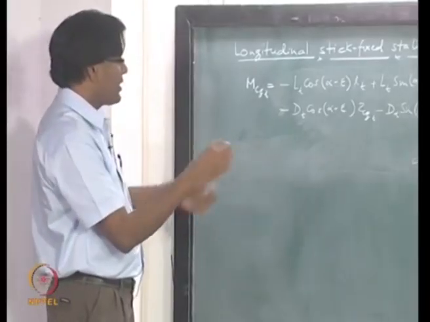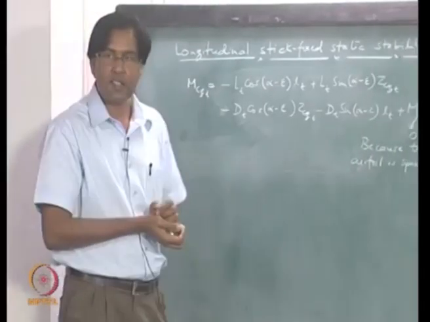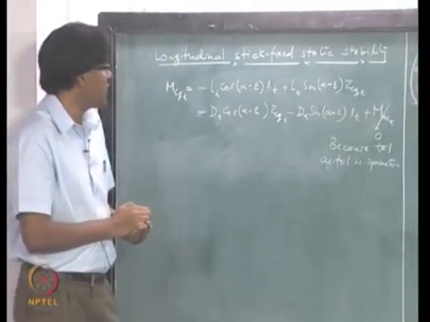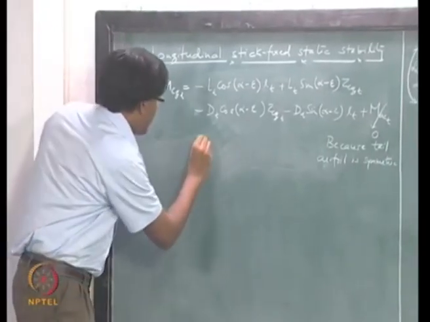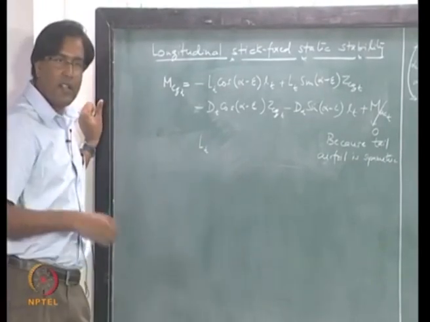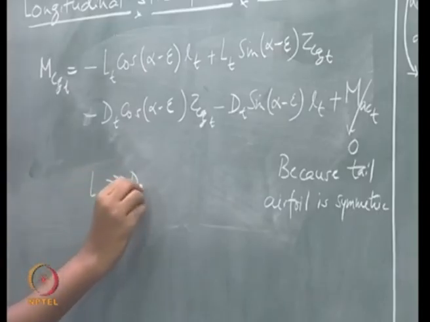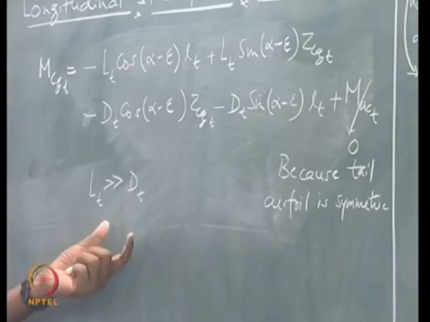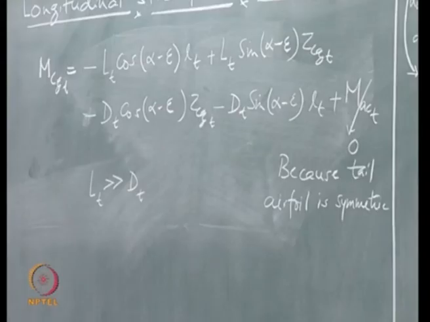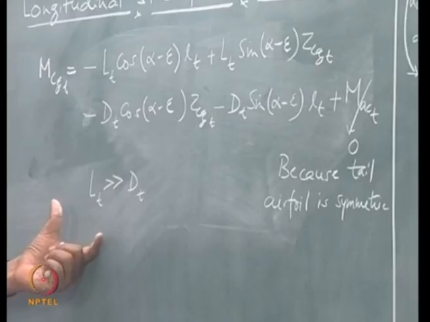Okay, now let us try to simplify this. You can assume that the lift at the tail is much greater than the drag. That is one assumption, and this is how you actually have to design your tail. You cannot have an aerodynamic surface which is giving you more drag than lift.